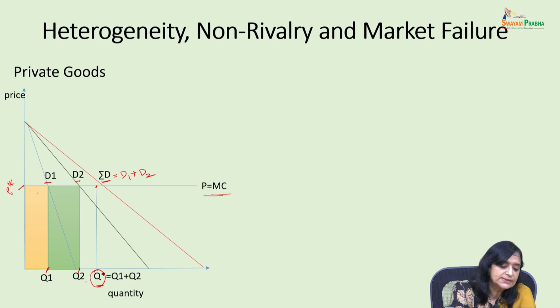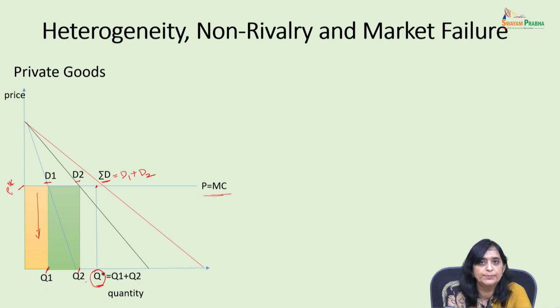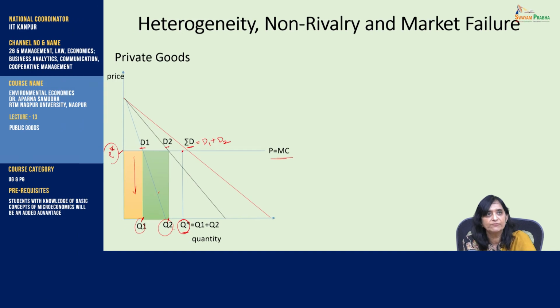This is the spending done by person 1 and this green is the spending done by person 2. That's a very simple case: because it's a private good, you are able to exclude people who are not willing to buy these goods at P star. Person 1 is buying less and person 2 is buying more because they have different demand schedules, and since it is a private good, we are able to exclude people.